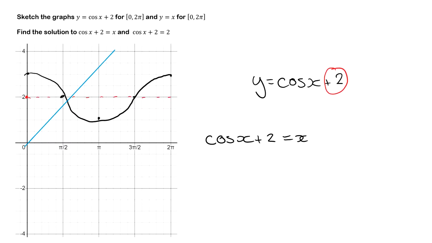So our blue line crosses our cos wave around here, approximately just slightly bigger than pi on 2 there. For cos x plus 2 equals 2, we need to draw a line at y equals 2, which happens to be our dotted red line, and we look for the cross points there.